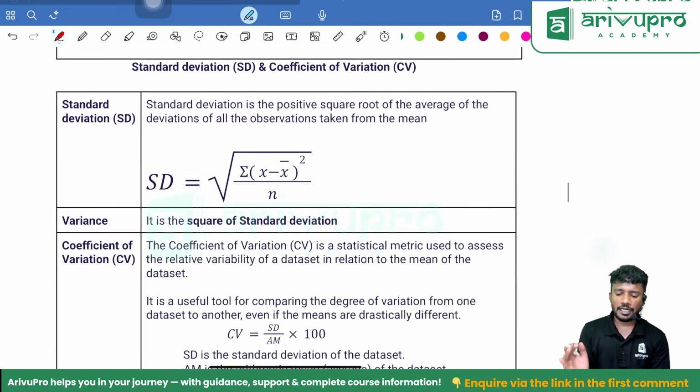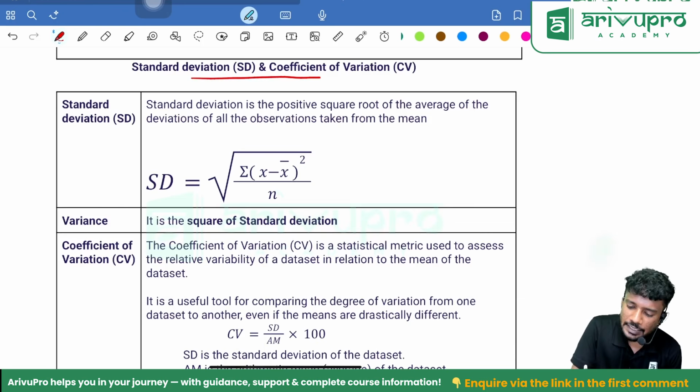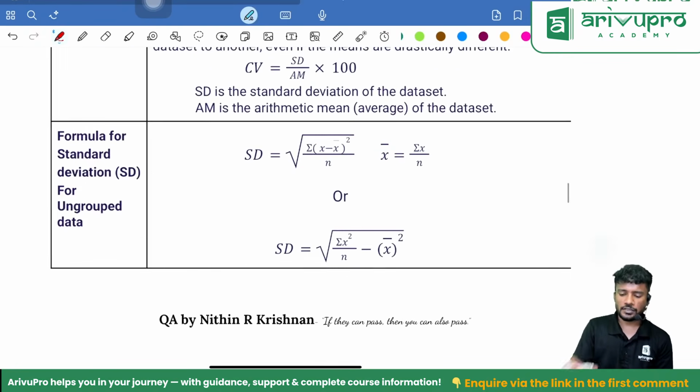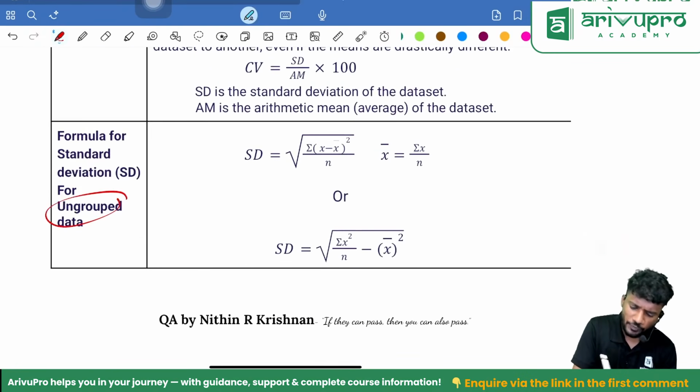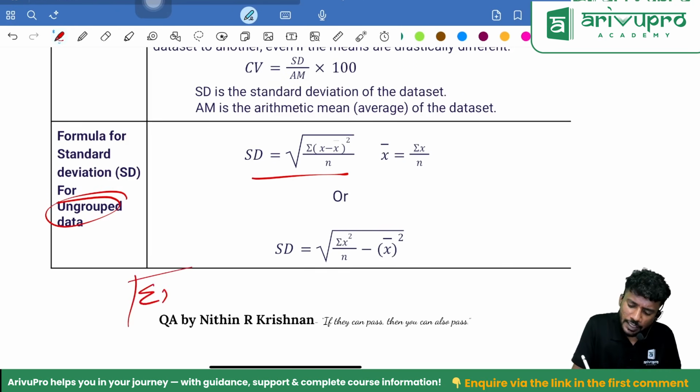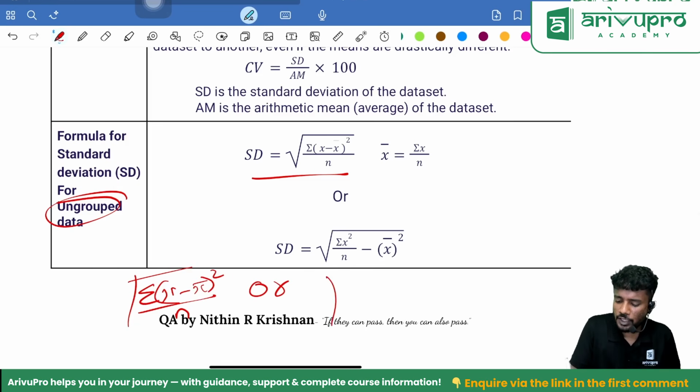Once it is done, we will go for the next part. That is the second last or the third last part of our chapter. That is standard deviation and coefficient of variation. Standard deviation, we have two formulas. For ungrouped, standard deviation is equal to root of sigma x minus x bar the whole square divided by n, or we can also use another formula, root of sigma x square by n minus x bar the whole square.